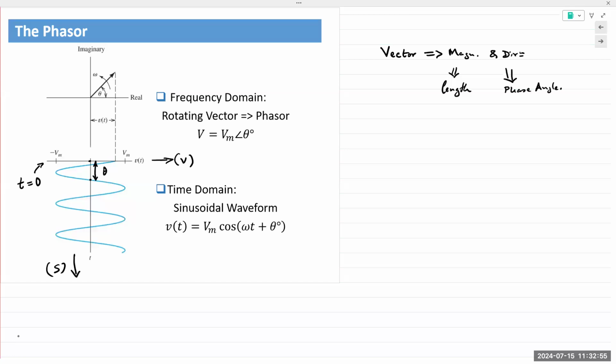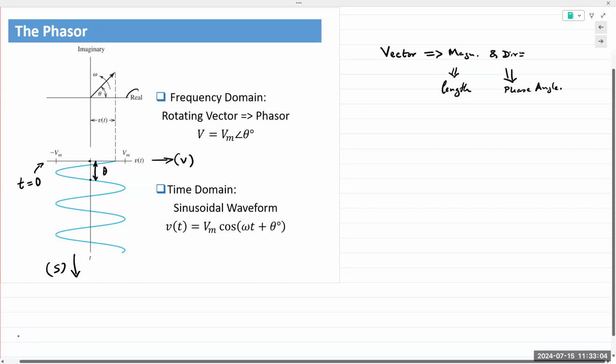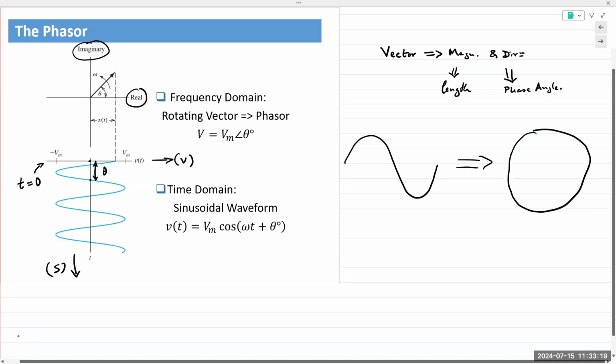When you transform it into the frequency domain, which is the complex plane with a real axis and an imaginary axis, we take the sinusoidal waveform and describe it as a circle.